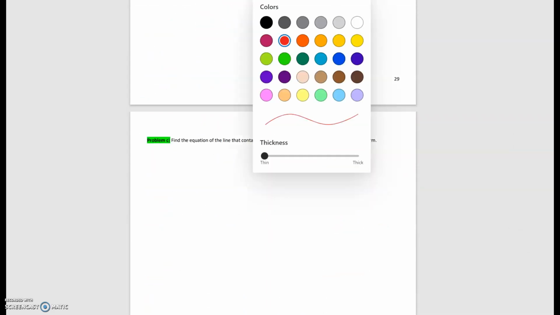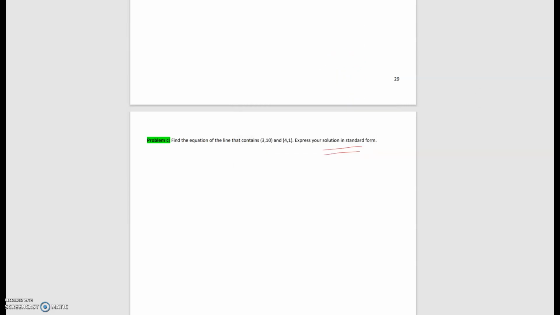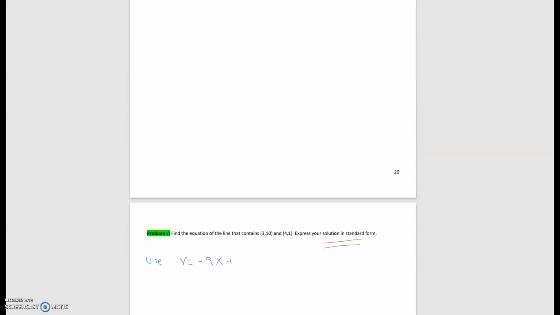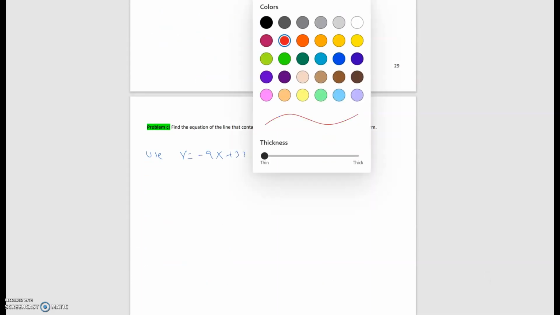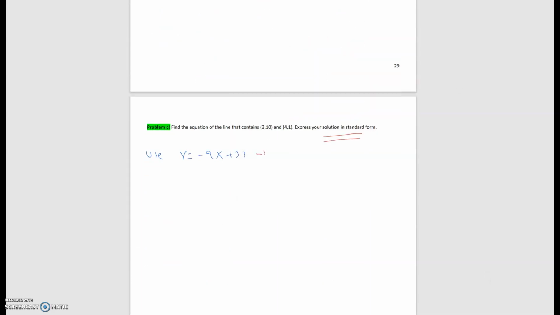So use y is equal to negative 9x plus, and we ended up with 37. And then we have to express it as ax plus by is equal to c.